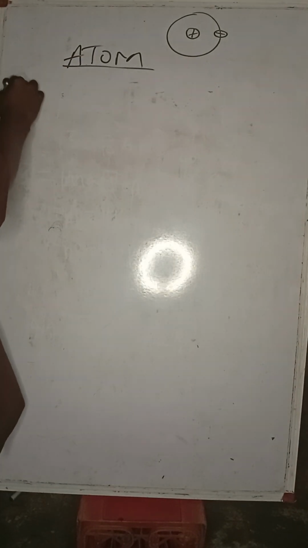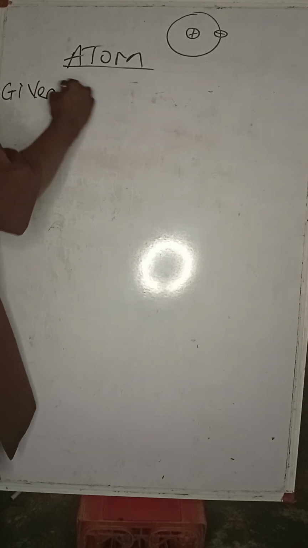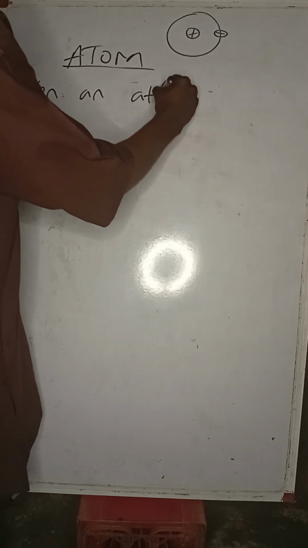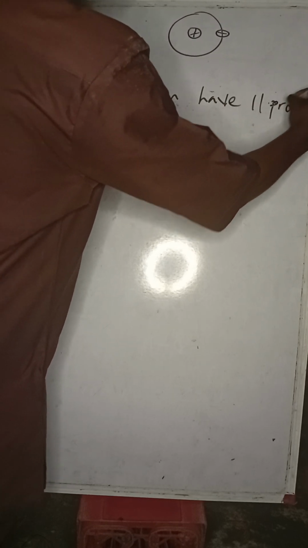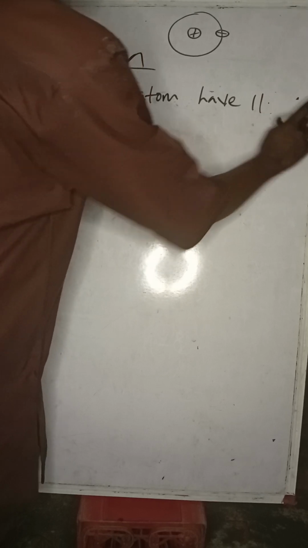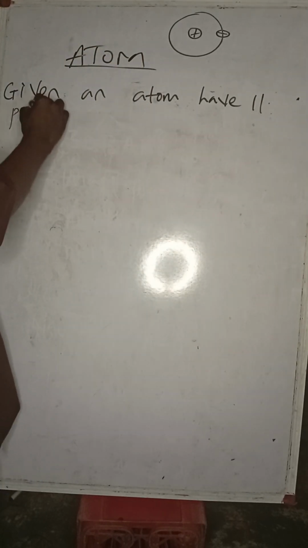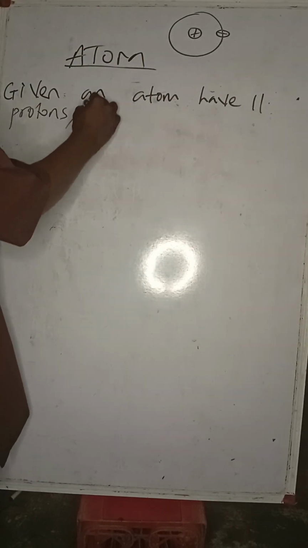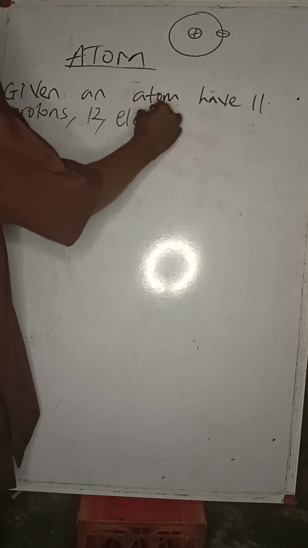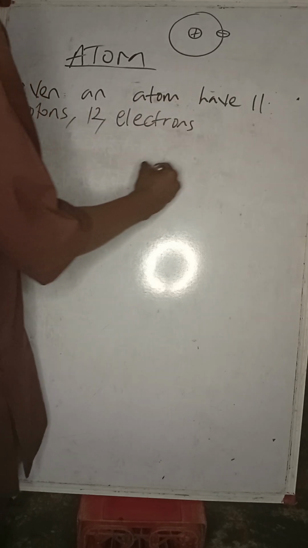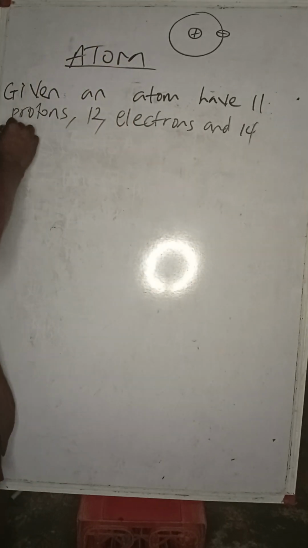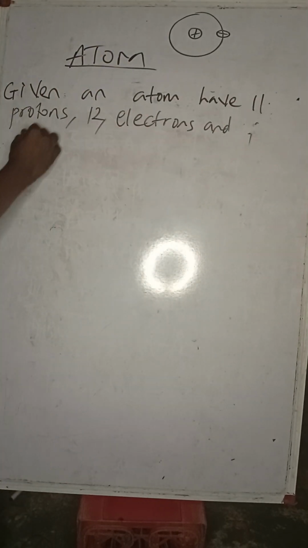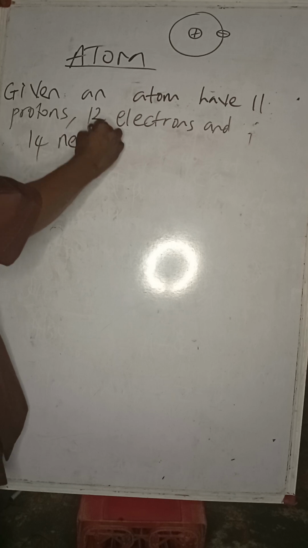Given an atom with 11 protons, so protons is 11, 12 electrons, and 14 neutrons.